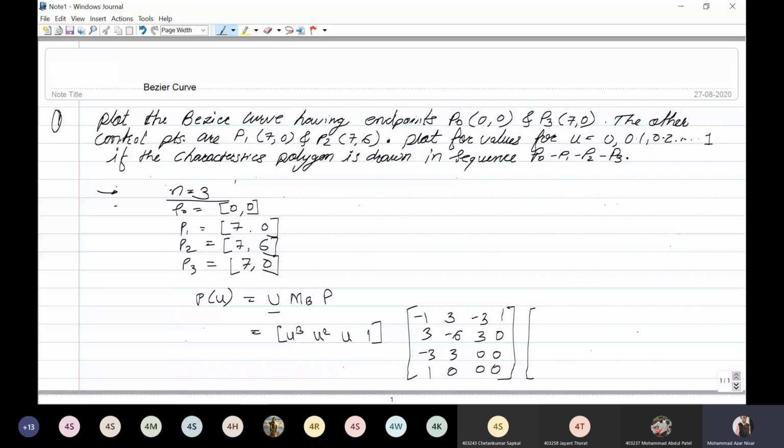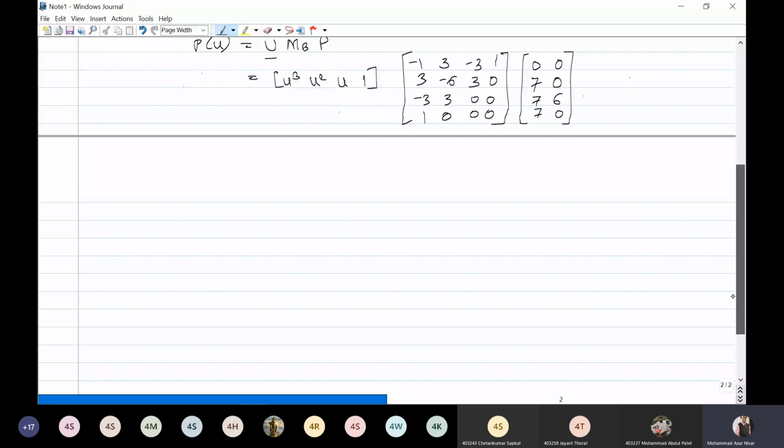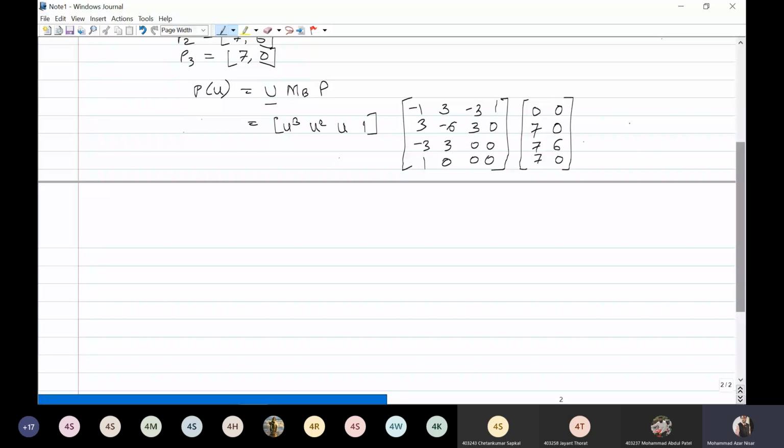And you have to write out the position matrix. First, the initial position P0 is 0, 0. Then 7 and 0. Then 7 and 6, and 7 and 0. Now you have to multiply this and find two equations, that is for Px of u and Py of u.